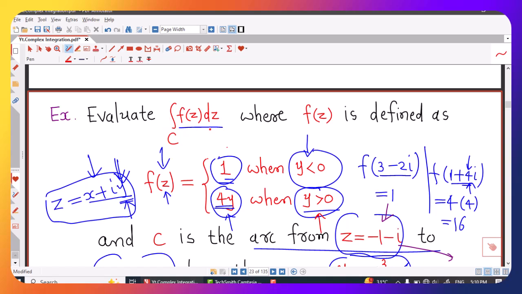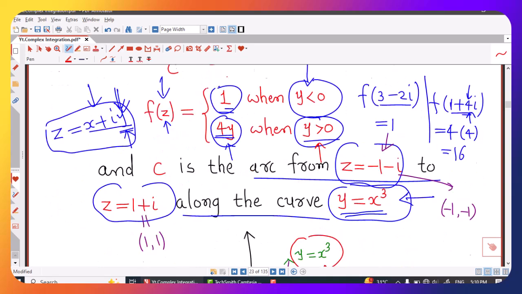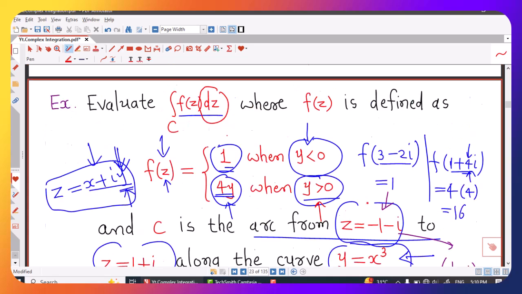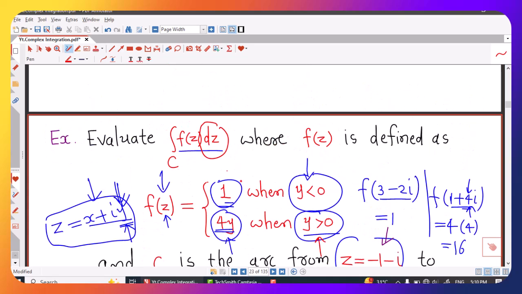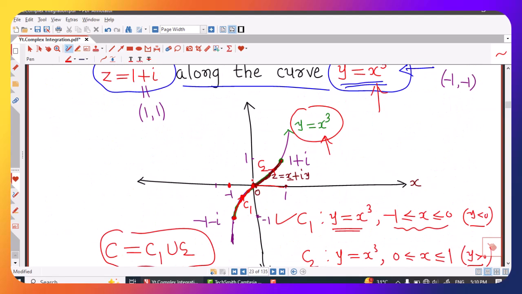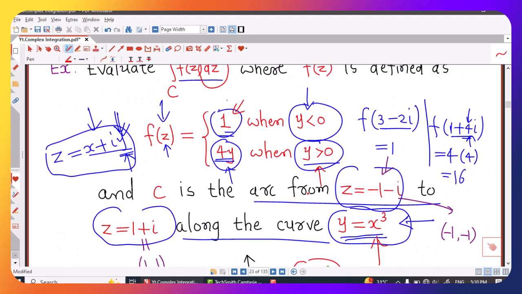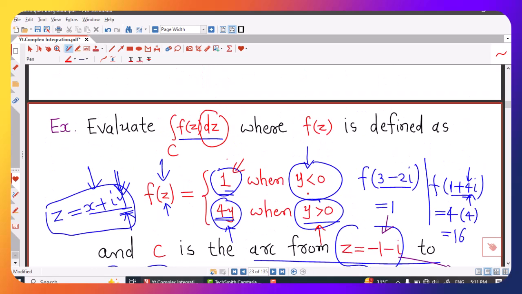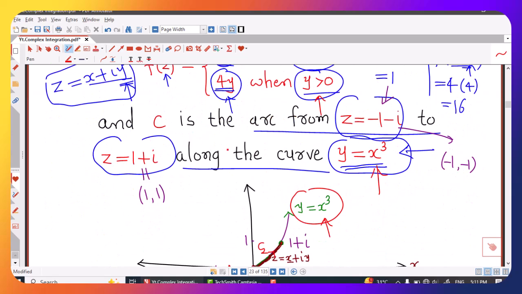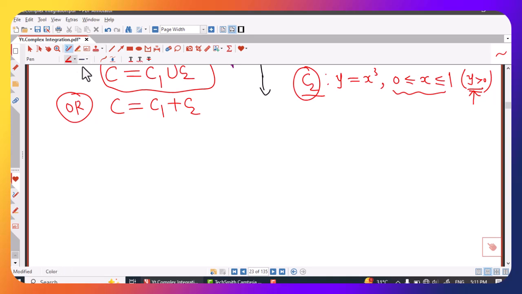We will try to convert this dz in terms of a single variable. Here our curve is y equal to x cube, so we will replace everything in terms of x. So whenever we have y, we will replace y by x cube. f of z will be equal to 1 when y is less than 0, that is along C1 f of z is 1, and along C2 we will put f of z equal to 4y, and dz is going to be the same.